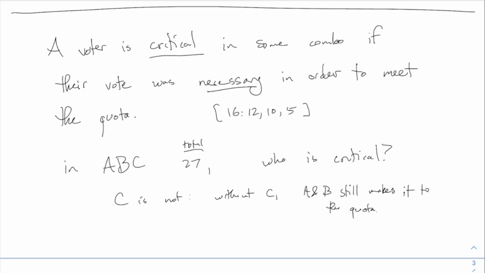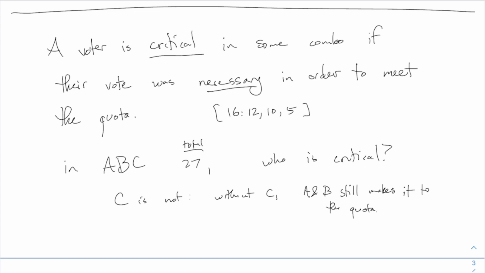Veto power means it's not exactly the same. When you say veto power, it means in the entire system, they always are necessary in order to make it. Here we're talking about just in the context of this combination, which one of them is necessary in order to make it. Actually, since this combination is everybody, it's the same as veto power. All right, so C is not critical.